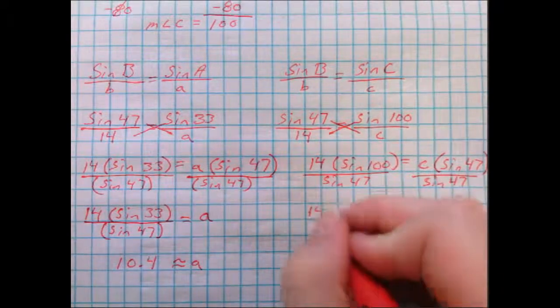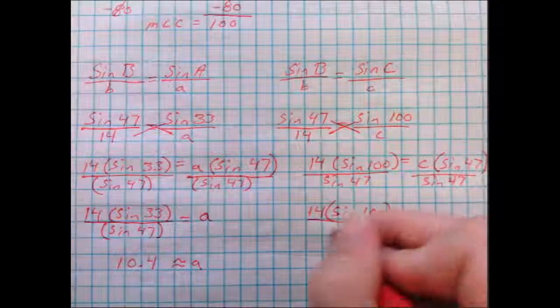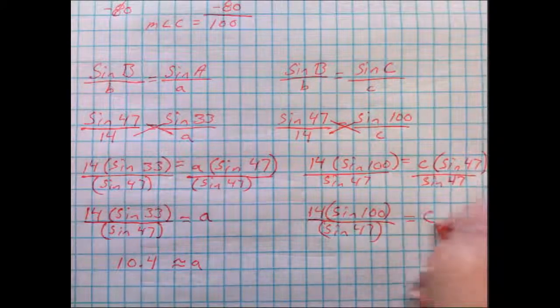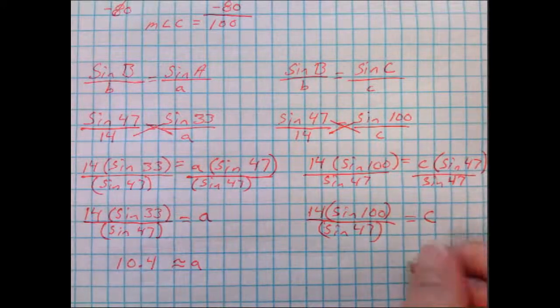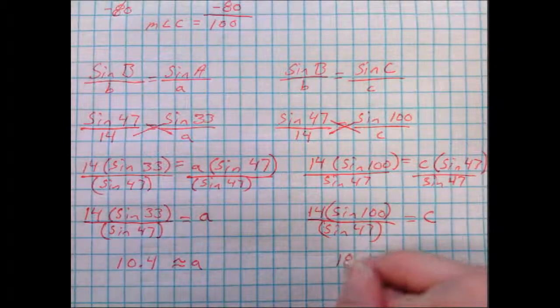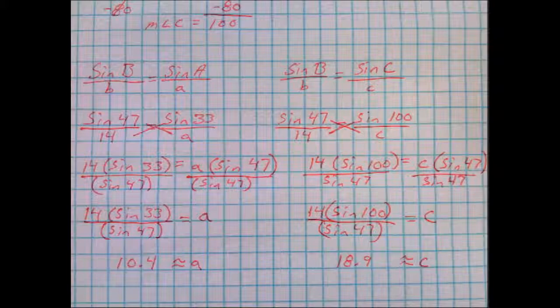So we have 14 sine of 100 divided by sine of 47 equals c. And again, we're going to be approximating that to the nearest tenth, so we type it into the calculator, and you should get 18 and 9/10, or 18.9.